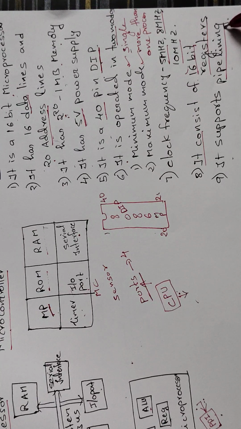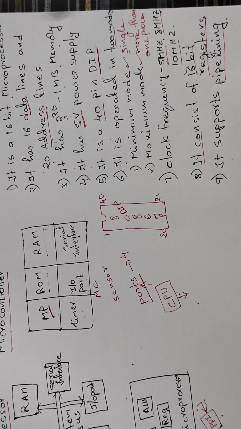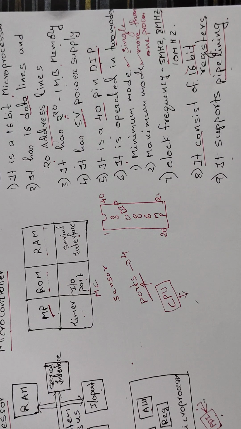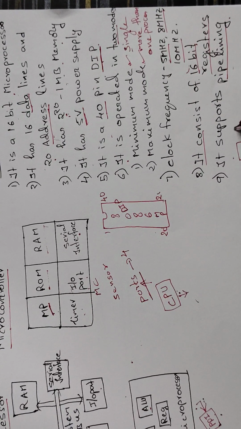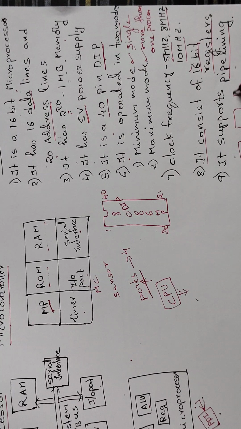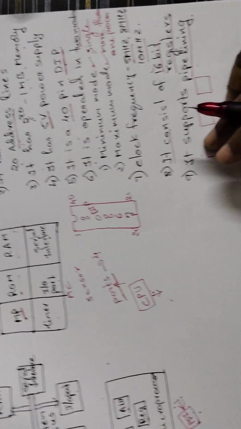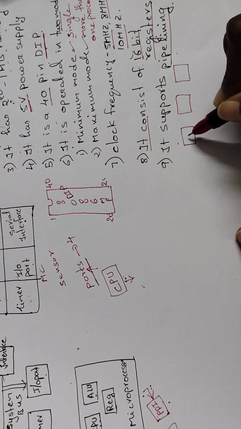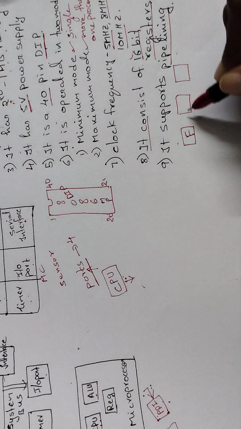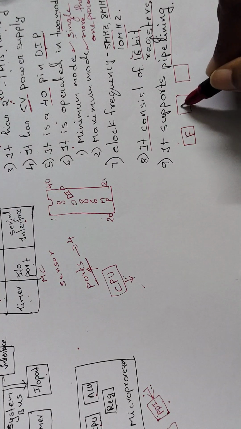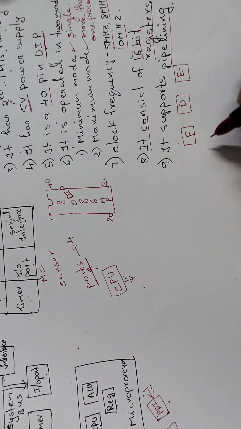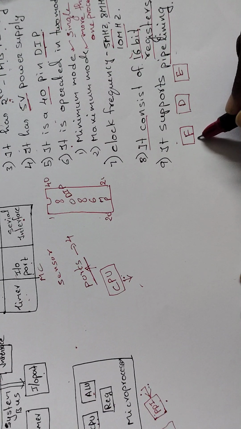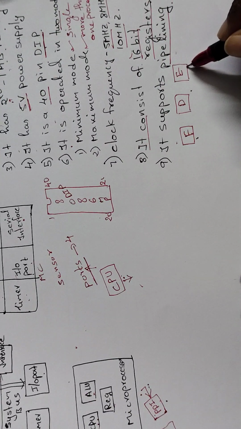Pipelining is nothing but this: we have different instructions, and the pipelining architecture consists of fetch, decode and execute. Fetching means we take the instruction, then decode it and execute it.